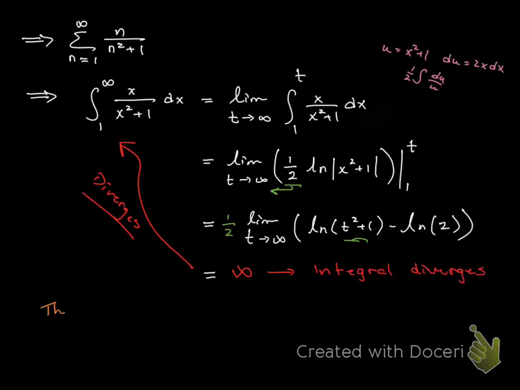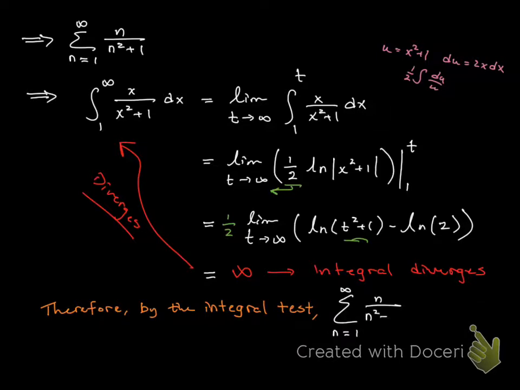So we typically say, therefore, by the integral test. I'm using that test, and that test gives me a result. This series of n over n squared plus 1 will also diverge, right? So since the integral diverges, we can say that the series also diverges, and the integral test is doing the work for us. So we say by the integral test.